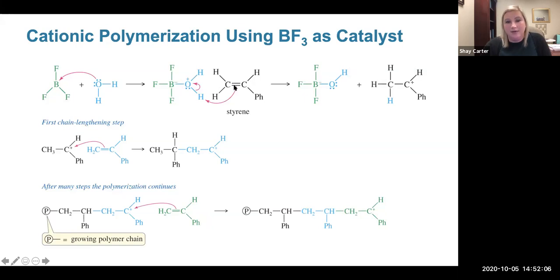And then with styrene, it's the same process where we have our nucleophilic double bond attacking our electrophilic cation. So here's what we end up with. We'll have our first chain lengthening step, and then it continues.